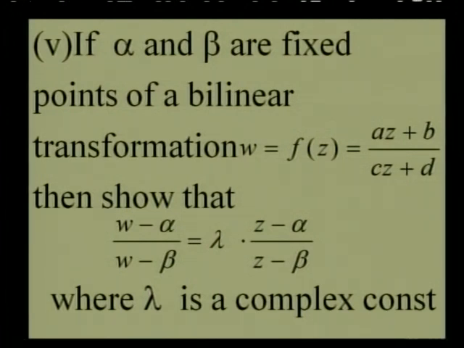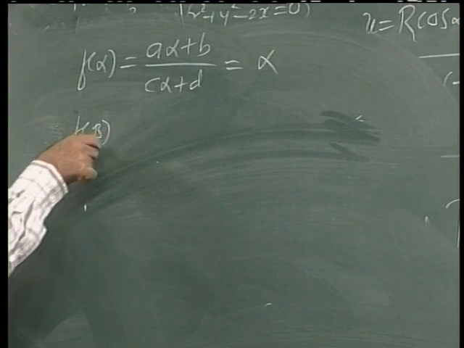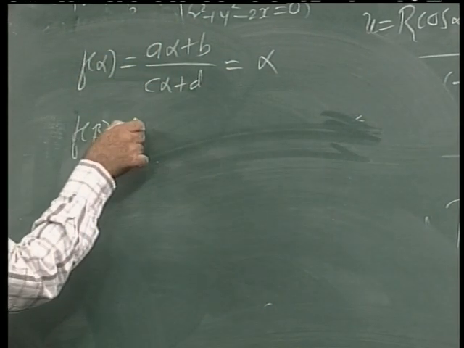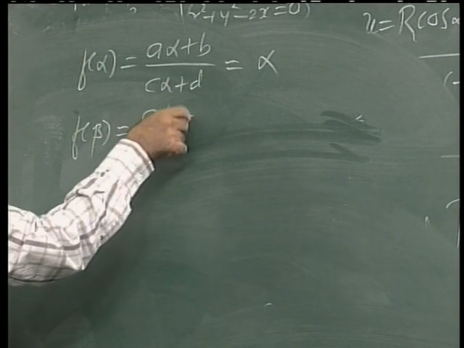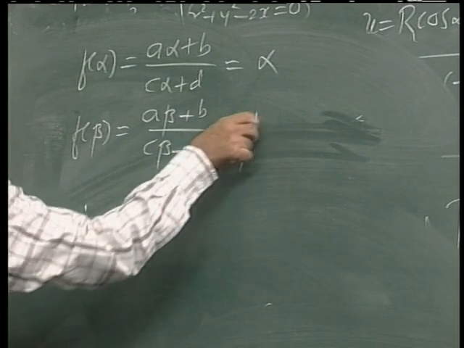So we have f(alpha) equal to (a alpha plus b) upon (c alpha plus d), equals alpha, since alpha is a fixed point of w equal to f(z). Then (a beta plus b) upon (c beta plus d) is beta.